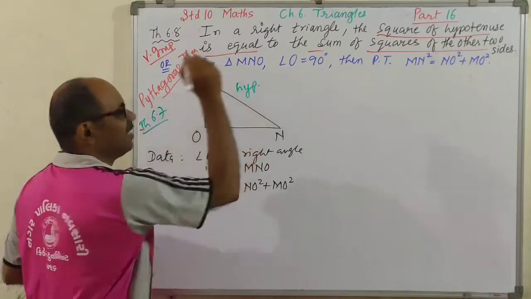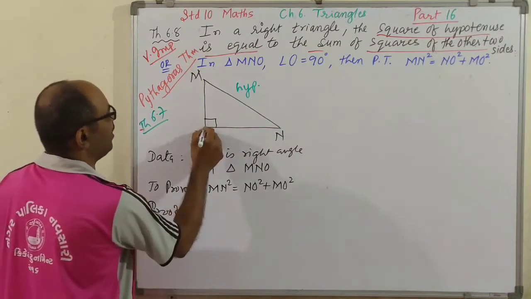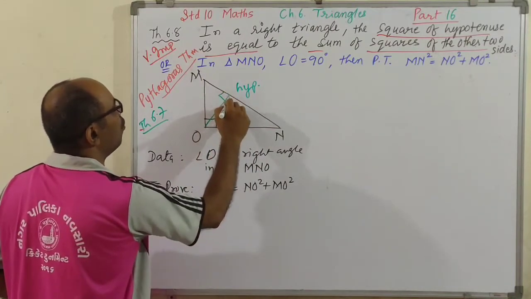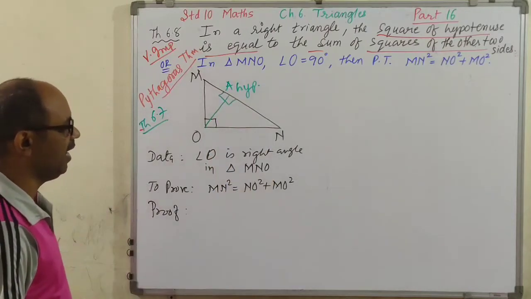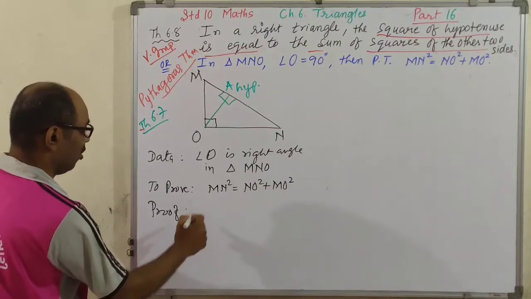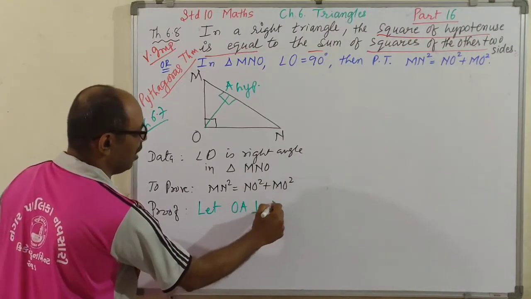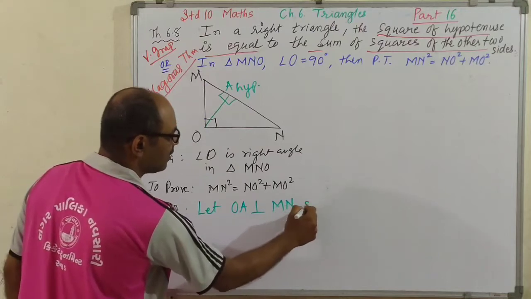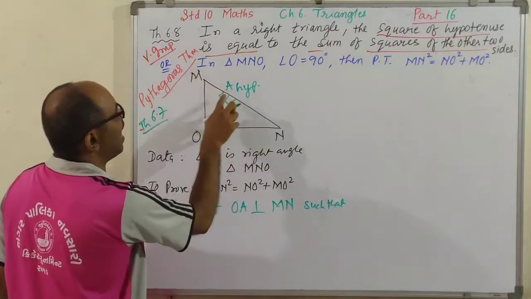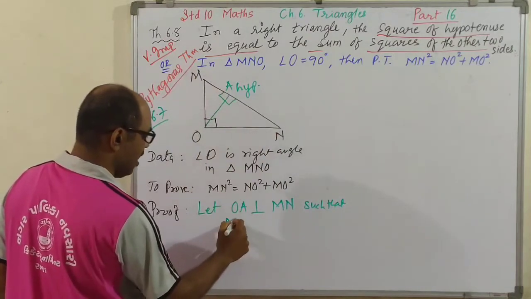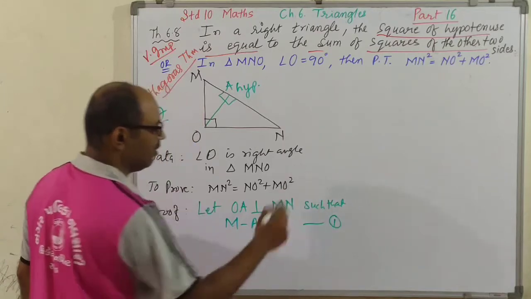MN is hypotenuse. So first thing I'll have to do is drop perpendicular OA. Let me say OA. Alright, so let OA be perpendicular to MN such that M-A-N, call it result 1.